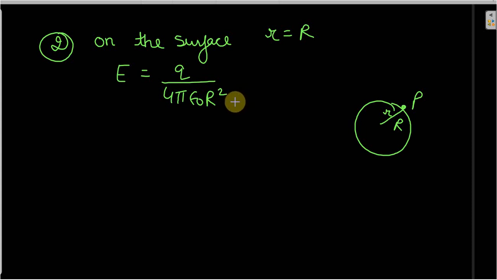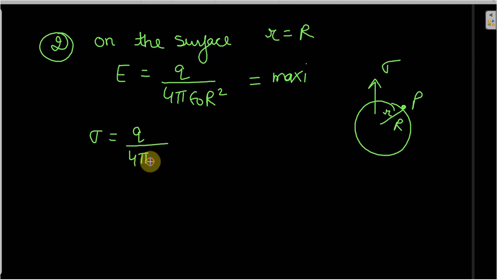Now we will write it in a different form. We will write this in terms of surface charge density. So if sigma is the surface charge density on it, and Q is the total charge, you can write sigma is equal to Q by 4 pi R square, where R is the surface radius.